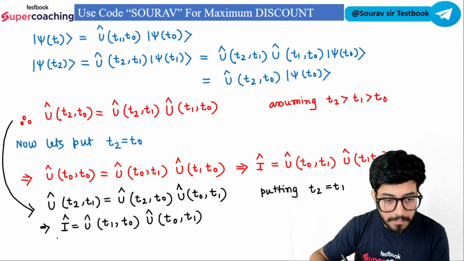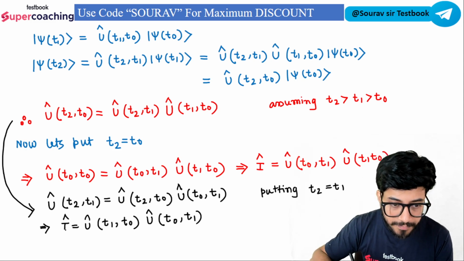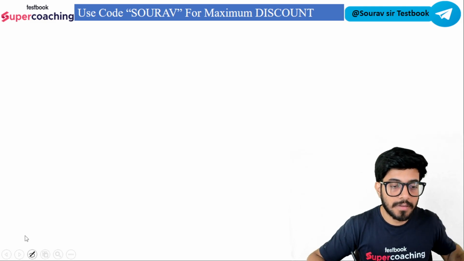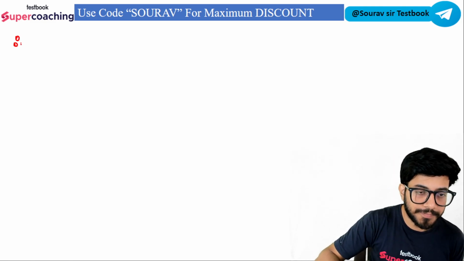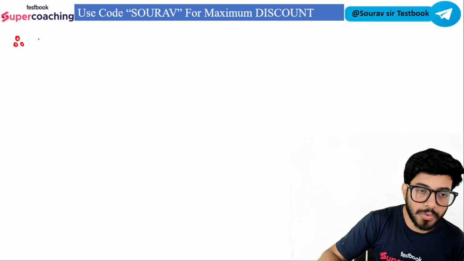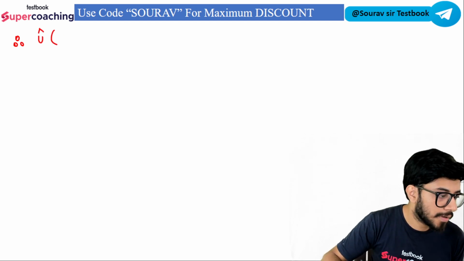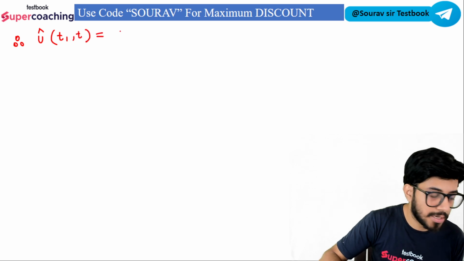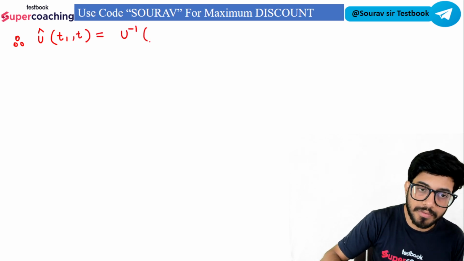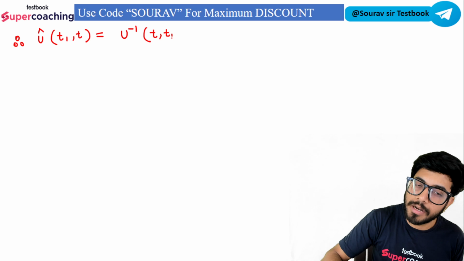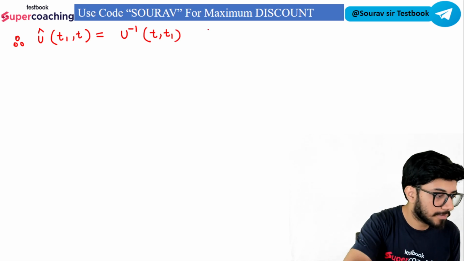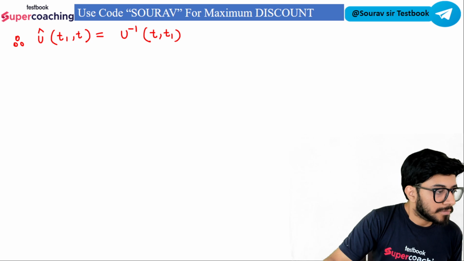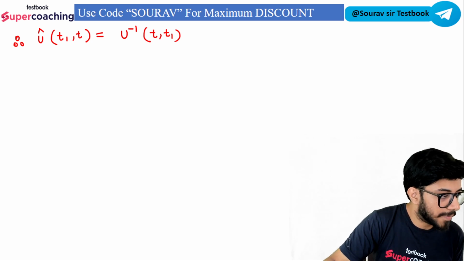That's all. And if this thing is done, therefore from these two equations I can write, therefore U cap of T1 comma T is actually equal to U inverse of T comma T1. That's one thing.